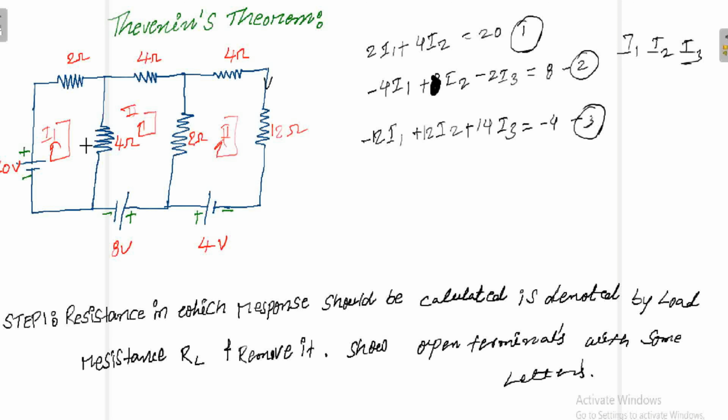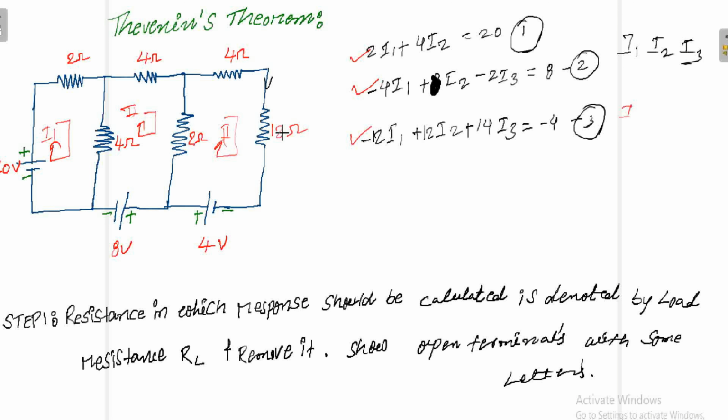There is no change in the first and second equations, because we are changing only here. You will get a change in this third equation. It means again we have to simplify these 3 equations, with I1, I2, I3 for loops 1, 2, 3. Again we have to solve the equations and find I1, I2, I3.